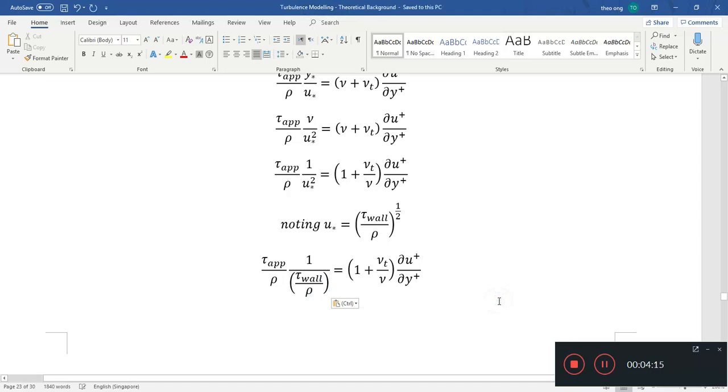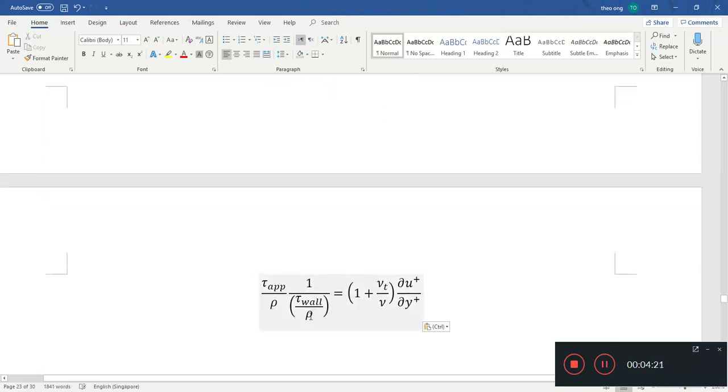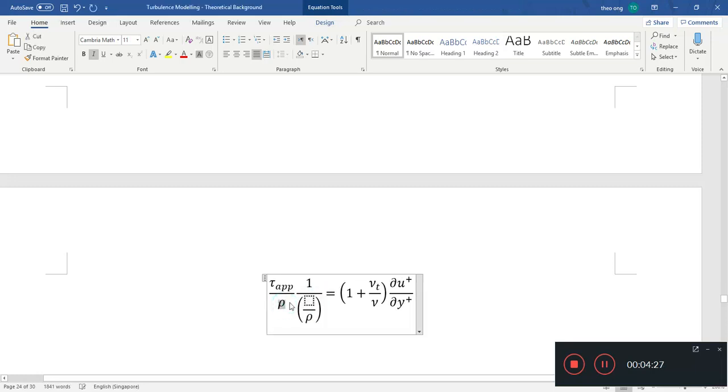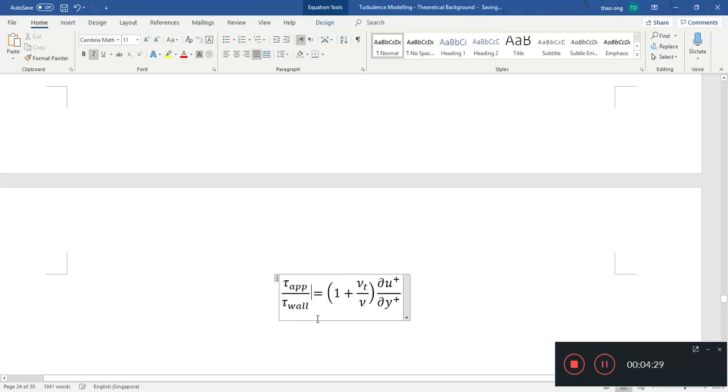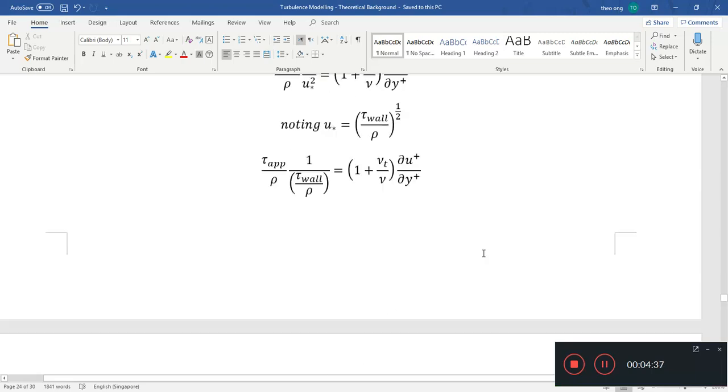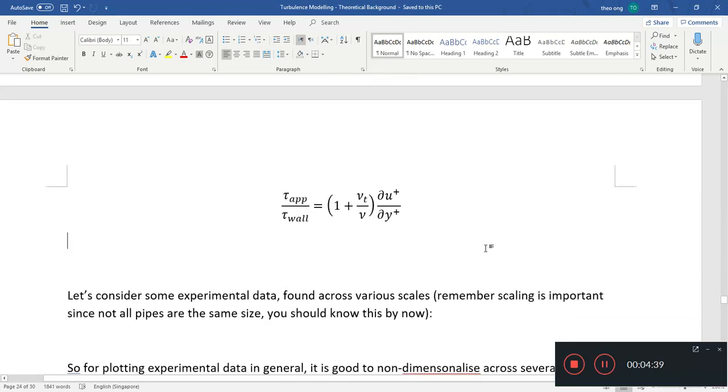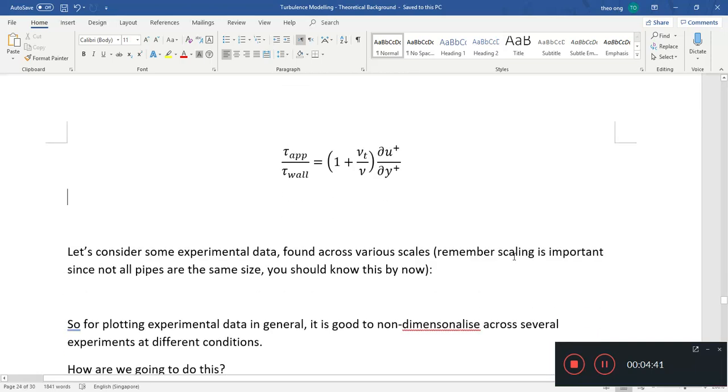And by that we can just get rid of this. Okay, we can cancel the rho, and that's what we get. And okay, so that's how we substitute our equation. Of course, assuming rho is constant for incompressible fluid, which is the subject of what I'm talking about here.